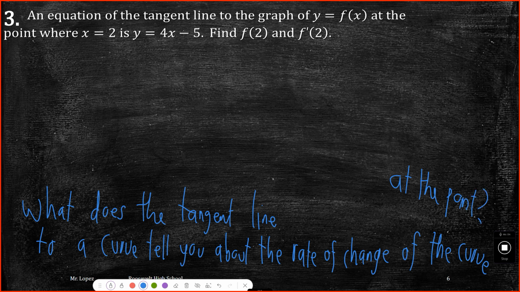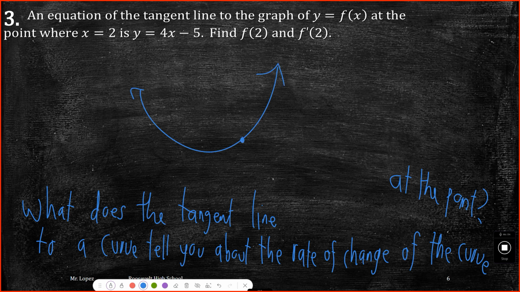See, this is the idea behind everything of this question. What does the tangent line to a curve tell you about the rate of change of the curve at that point? You got some curve, and at this point you got this tangent line.